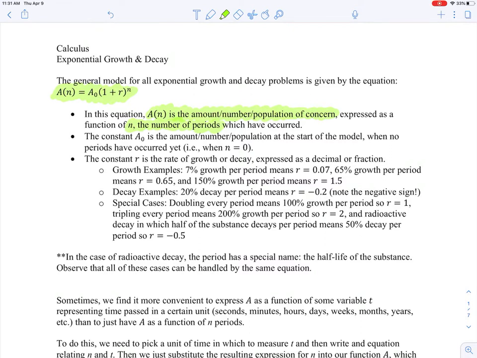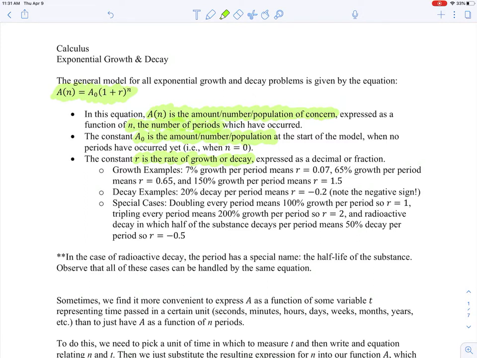Okay, so the constant A sub 0 is going to be the initial amount or the initial population. So basically, whenever no periods have occurred, what is the starting amount? And then the constant r is the rate of growth or decay, and we represent r as a decimal or a fraction.